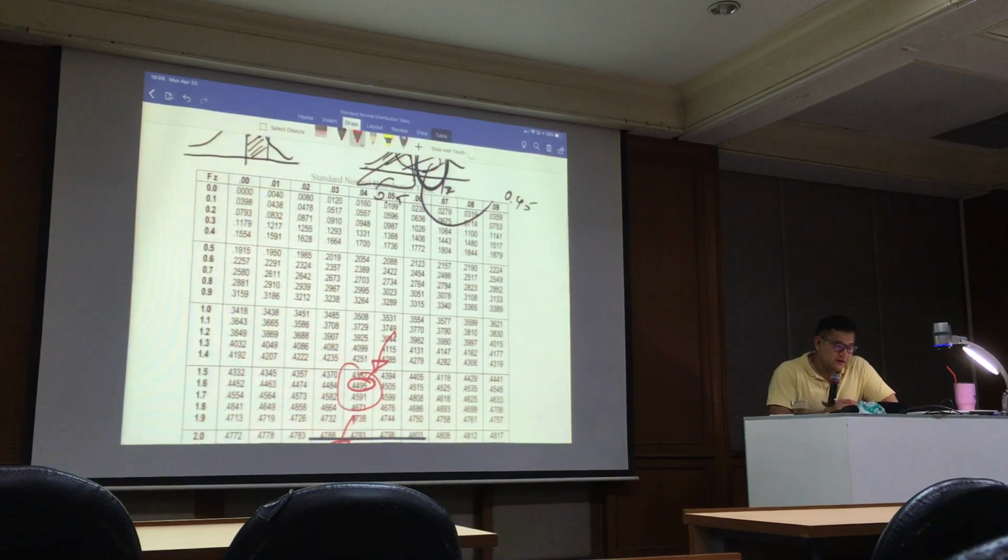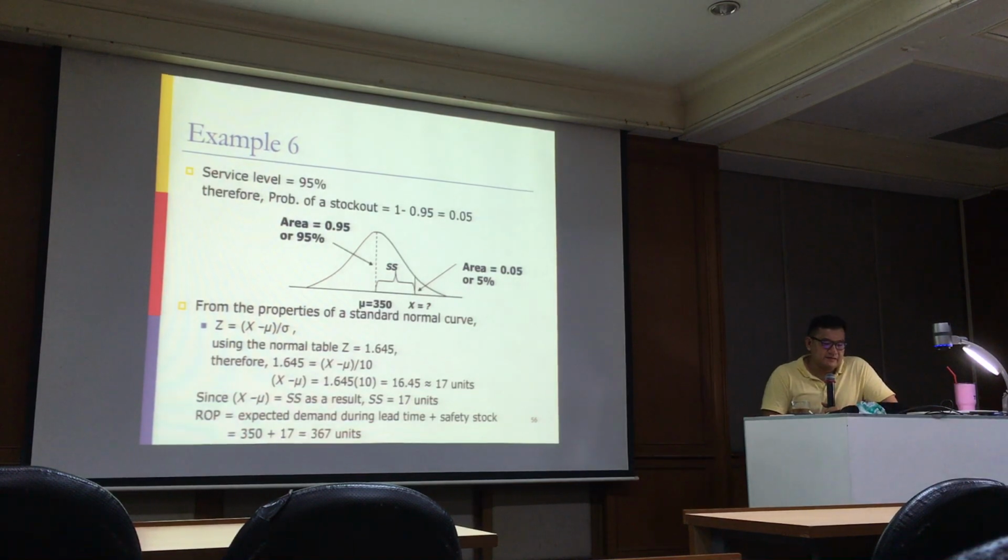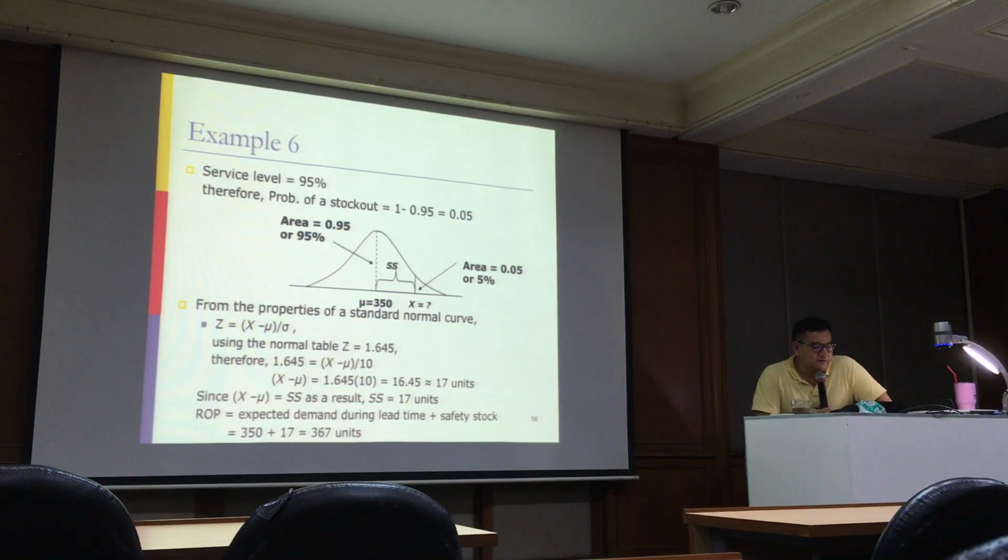It belongs to z equal to 1.64, so it's around 1.645. That's why when you open the normal table at a probability of 0.95, you're going to have z equal to 1.645.